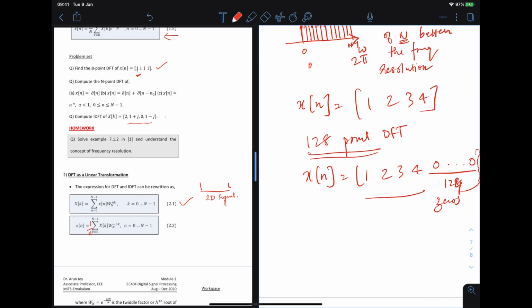This is what is happening in practice. Even if the actual time domain signal is very short, they will ask you to do a higher point DFT so that you will get better information about your frequency content.